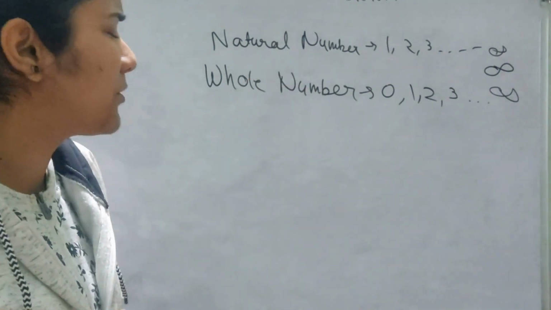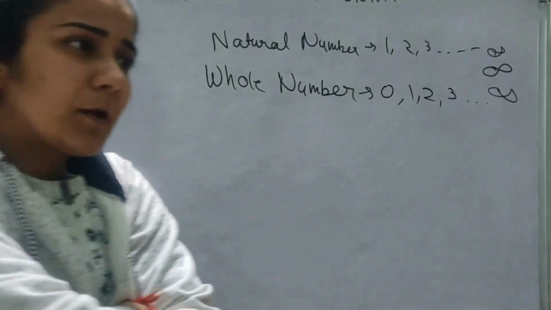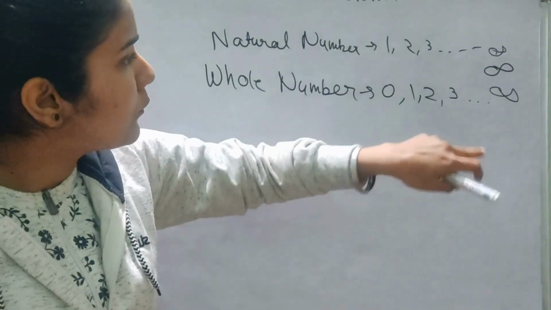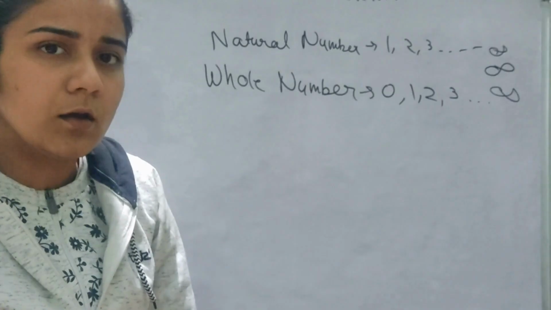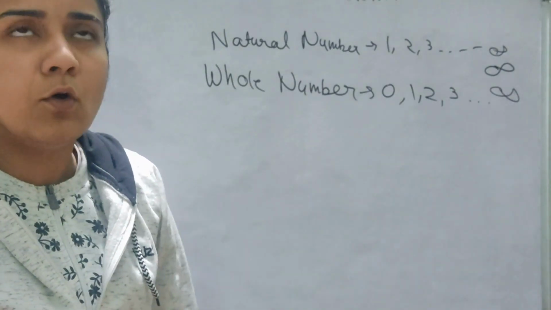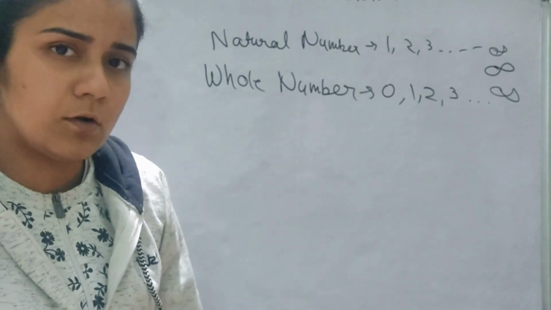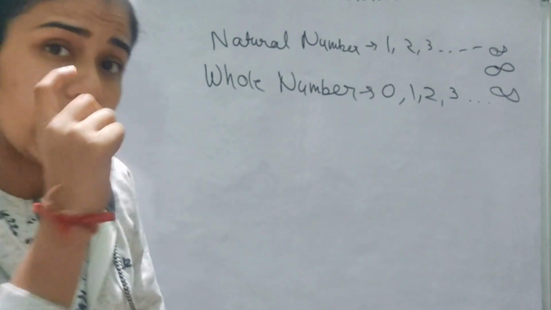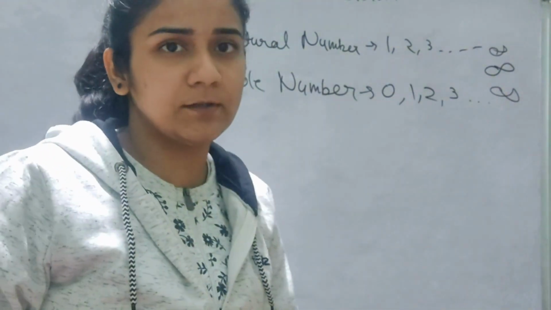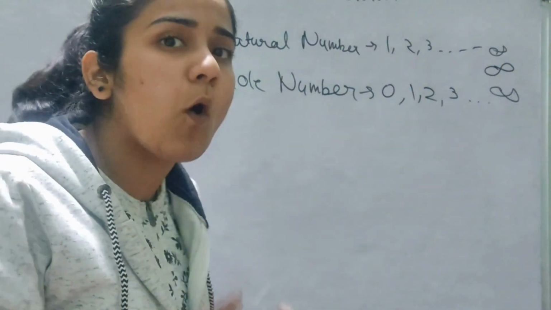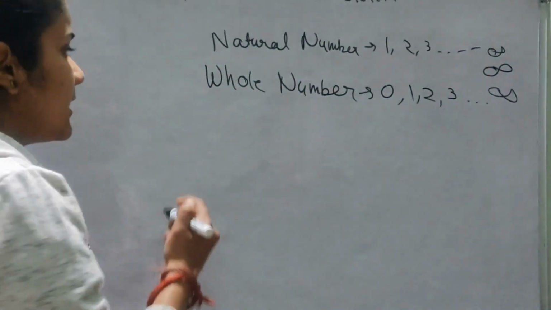We have the natural numbers, whole numbers. But what if we subtract 2 from minus 3? What if we subtract 2 from minus 3? Or simply 2 from 4? We will be getting a negative number. The collection of those negative numbers with natural numbers and whole numbers is collectively called integers. What is it called?